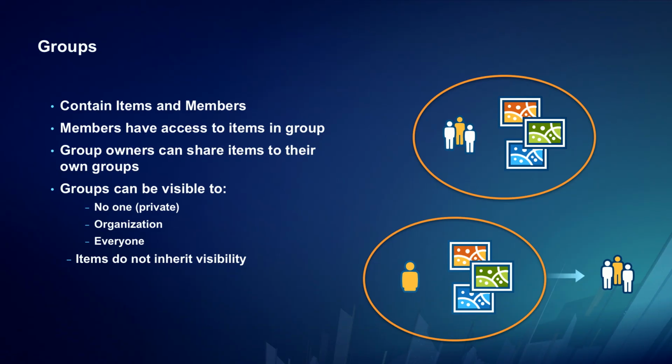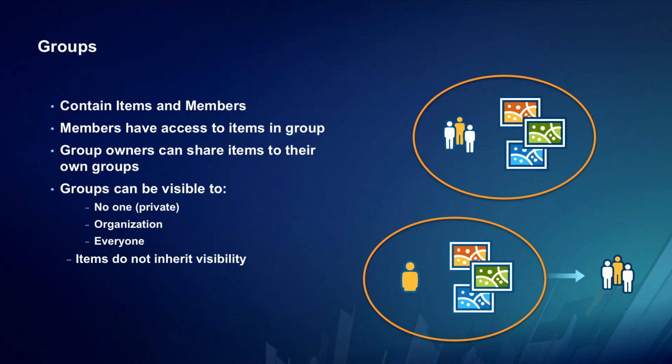Groups can also have a visibility, so they can be set to be private where nobody can find them. They can be set to be visible inside of the organization, or they can be set to be visible outside the organization anonymously to everyone. But this setting does not translate down to the items within the actual group.